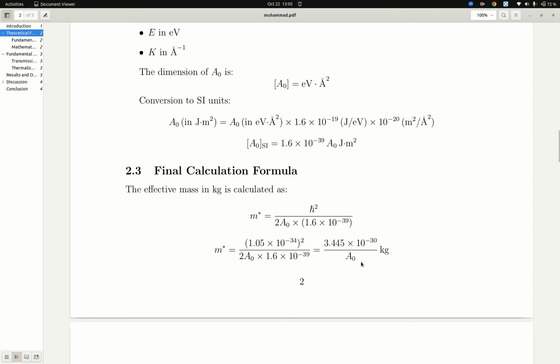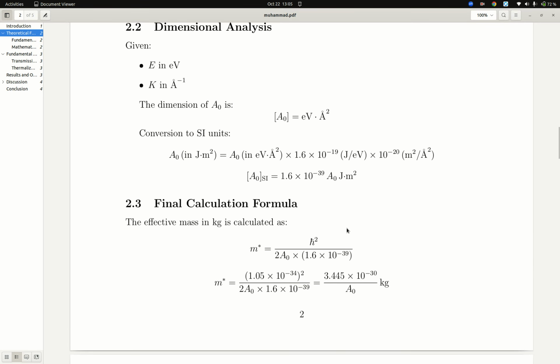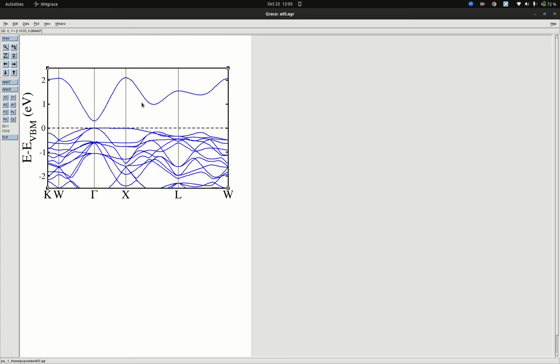So now the only thing we need is a0. How can we calculate a0? We are going to jump to the AGR file, and in this file we're going to select two curves and delete all the other curves so it becomes neat. We're going to choose some points here and some points here, and apply this formula.